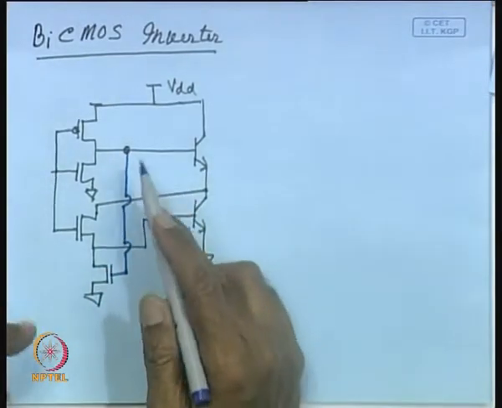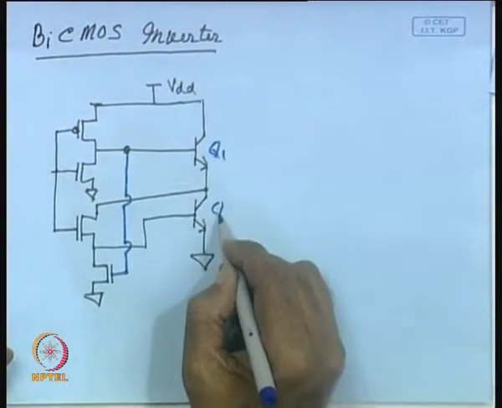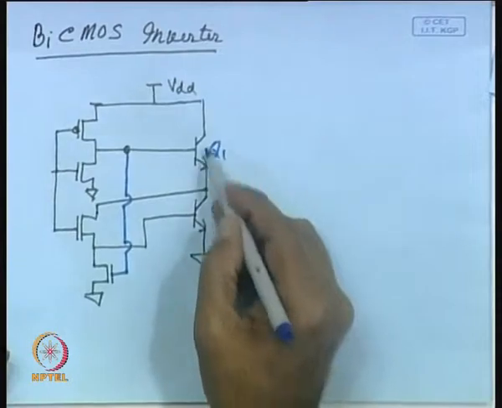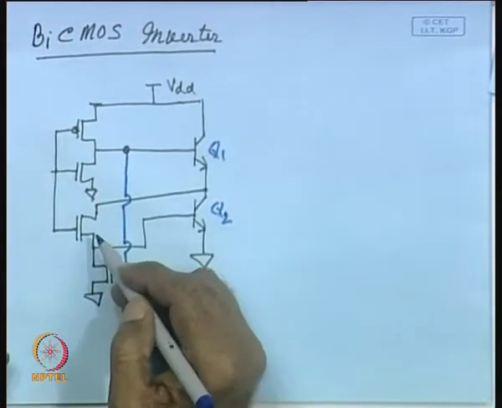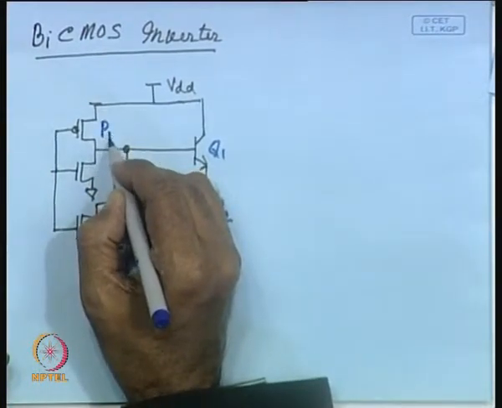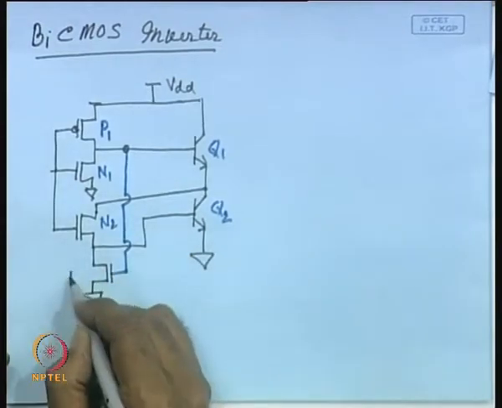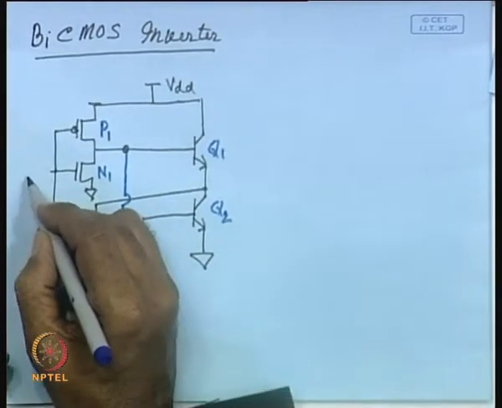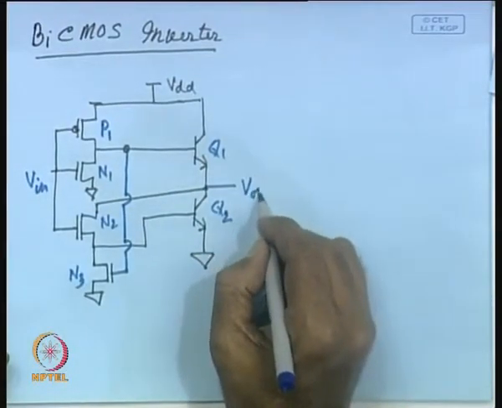So, how many devices have we got? You have got two bipolar transistors and 4 MOS transistors, and this is your P1, P type transistor, this is N1 NMOS transistor, this is N2, this is N3, and here you are applying the input, and you are taking the output from here, this is your Vout.